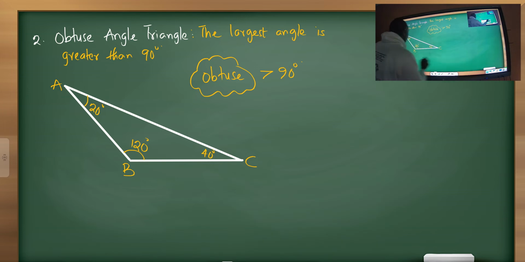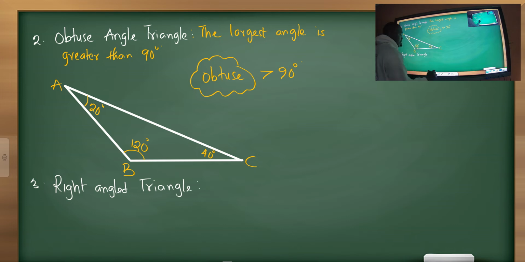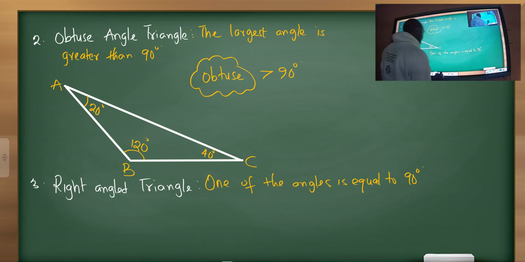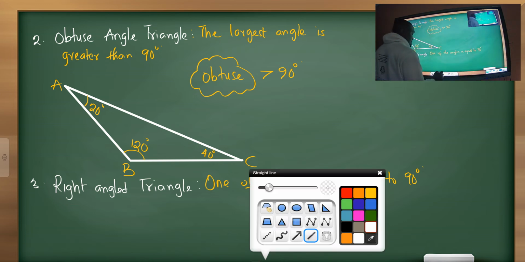Number 3 in terms of angles will be a right angle triangle. Don't forget, all of these triangles have one common property: the sum of the angles is equal to 180. In a right angle triangle, one of the angles is equal to 90 degrees.